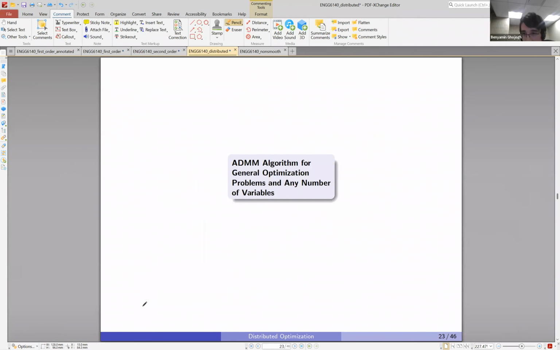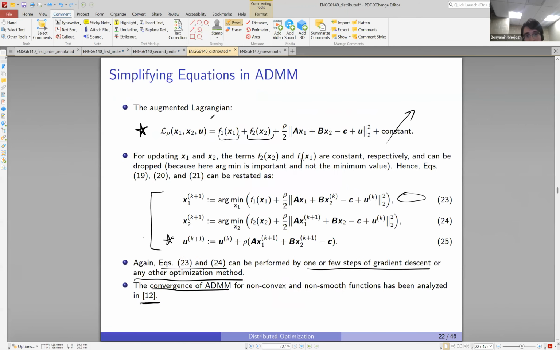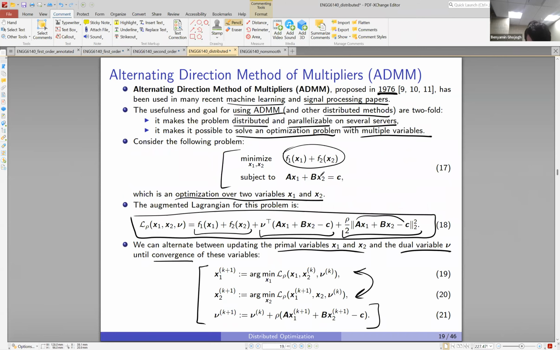ADMM algorithm for general optimization problems and any number of variables. ADMM can be used for general optimization problems and any number of variables. It can be extended to several equality and inequality constraints for several optimization variables. Recall that here we started with only 2 optimization variables, and we only had equality constraints.